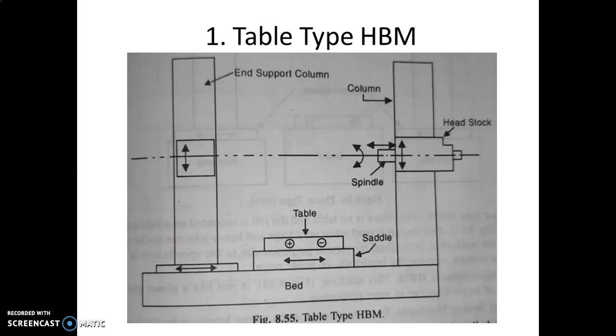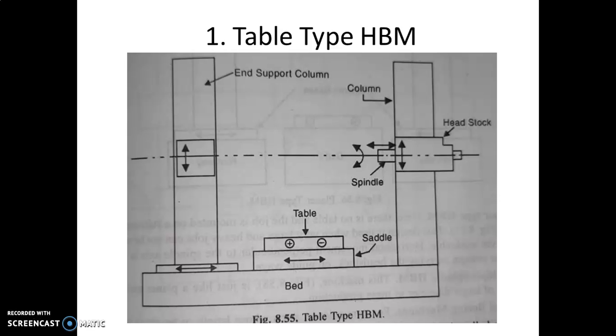At the opposite end of the bed is a support column, which carries a bearing for supporting the end of the boring bar. The spindle carrying the tool can be fed axially. Alternatively, the table travels parallel to the spindle axis.